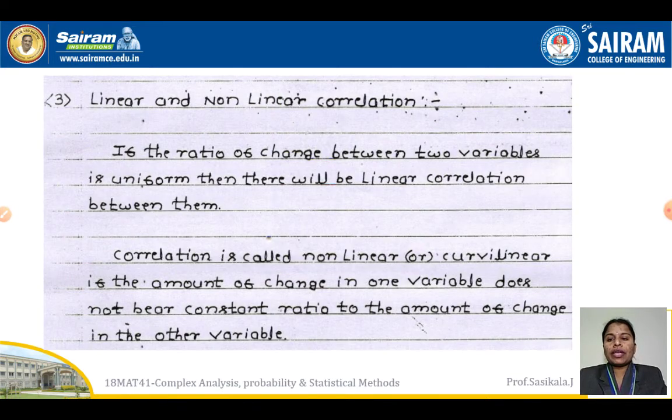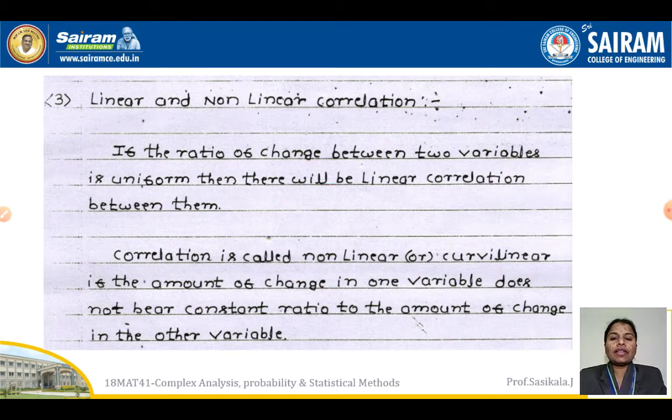So we'll go with the next one, linear and non-linear correlation. If the ratio of change between two variables is uniform, then there will be linear correlation between them. Correlation is called non-linear or curvilinear if the amount of change in one variable does not bear a constant ratio to the amount of change in the other variable.